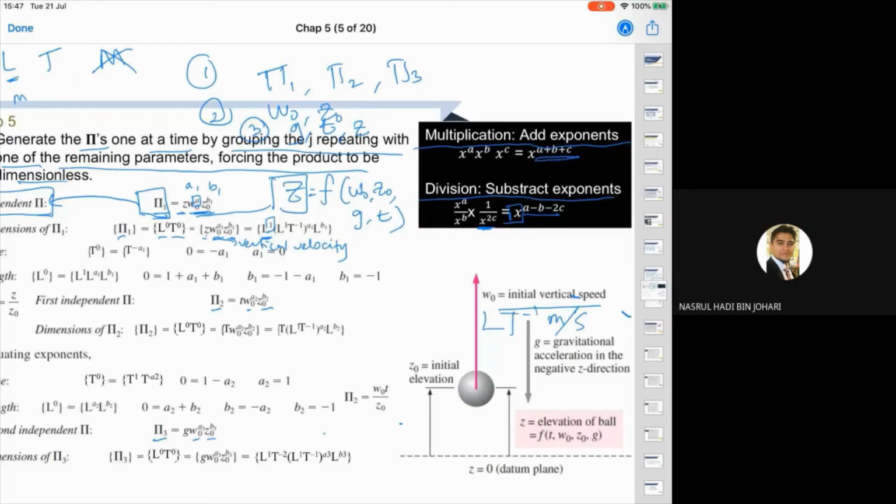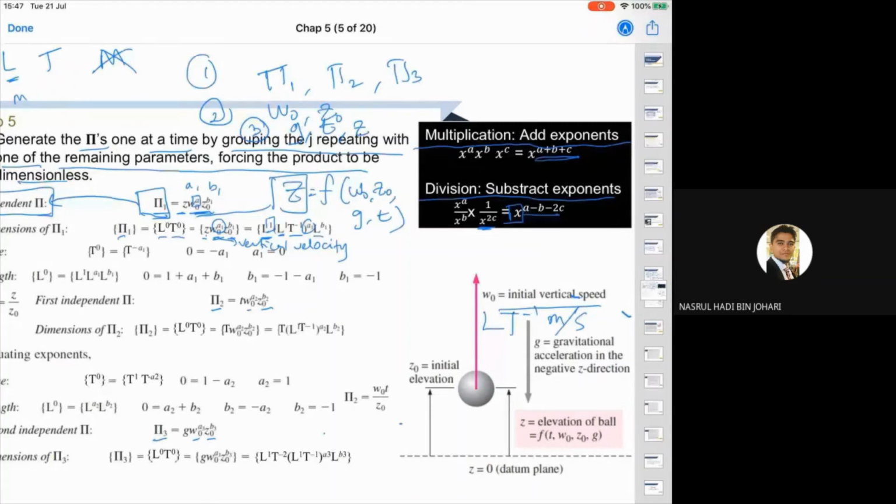So you put L1 T-1 to represent W0, in brackets to the power of A1. Maintain A1 here. Then you do the same for Z0, the initial elevation before the ball is released. So Z0 is actually L, to the power of B1.